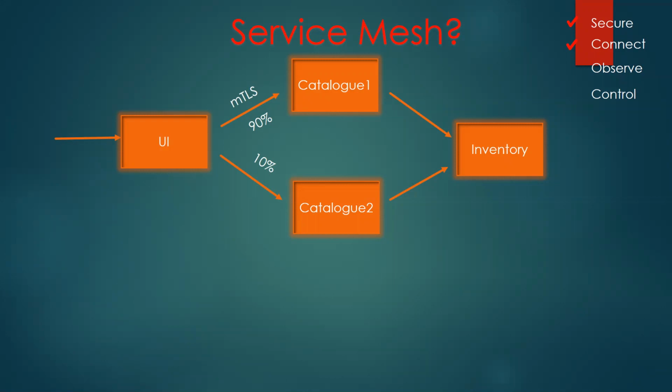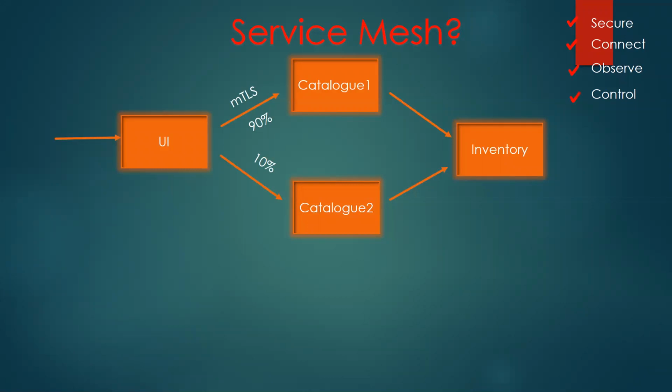And then a third one is if I want to observe how my application is doing end to end, not just the services which are up or down, but to see the bottleneck also in the system and how the traffic is flowing. So the third one is observation of the traffic.